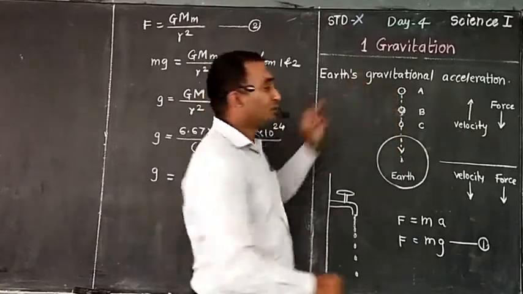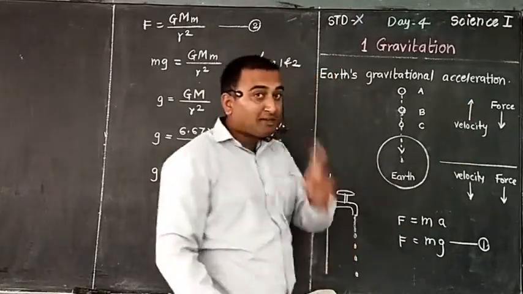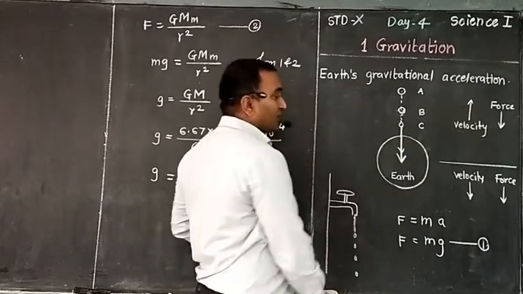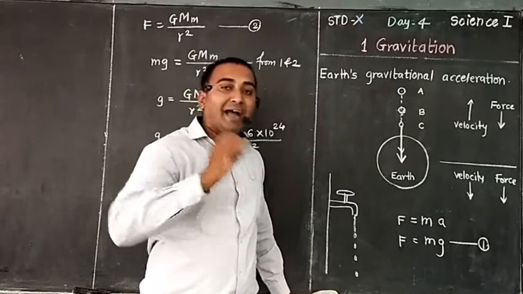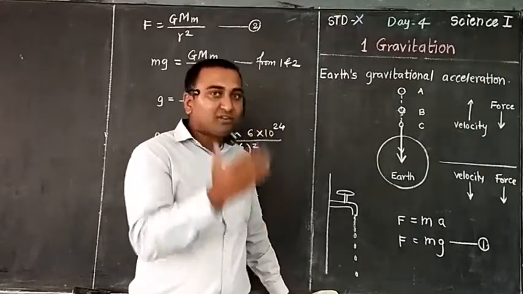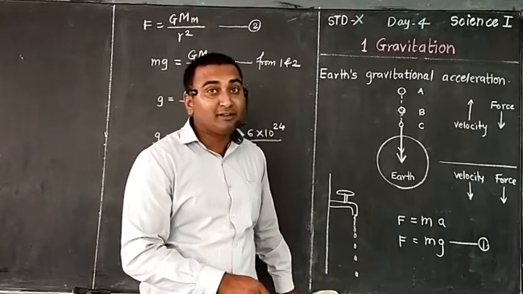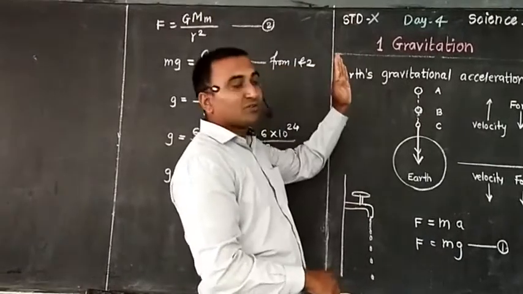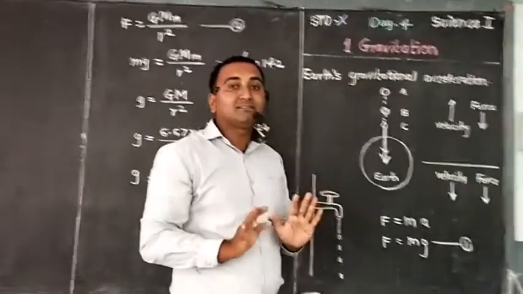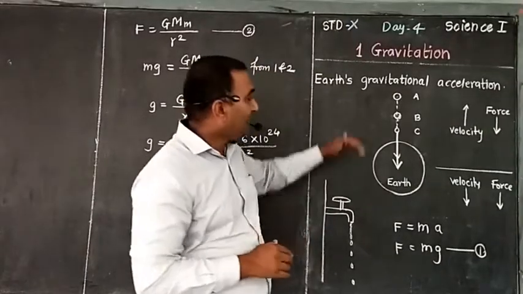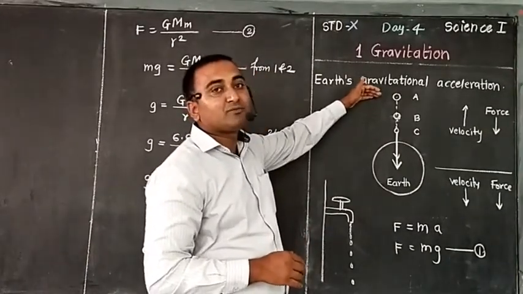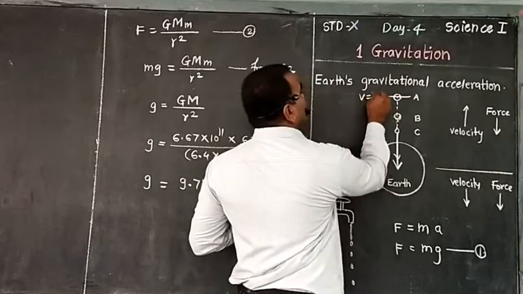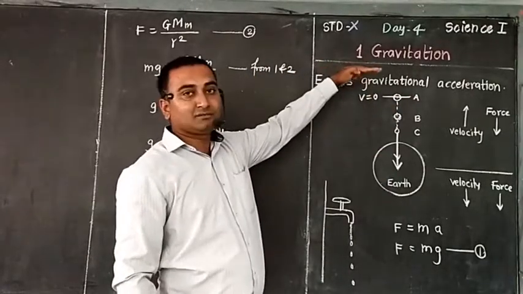So the velocity is upward, but at the same time the earth is pulling that object downward, because the gravitational force by the earth on any object is vertically downward, towards the center of the earth. So the force is downward, the velocity is upward, and the result is a decrease in velocity. As the object moves a little upward, at one point the object's velocity v is equal to 0. So it will rest.